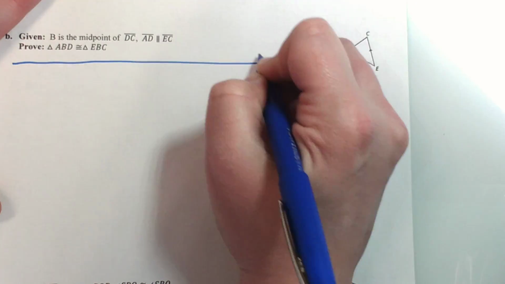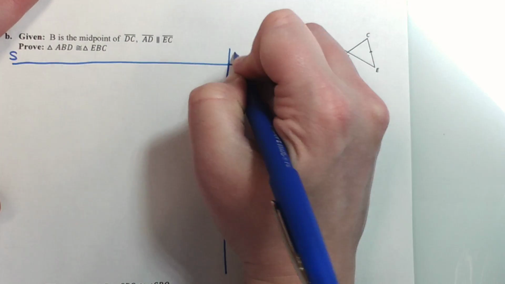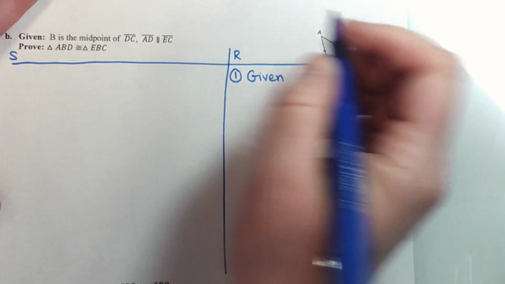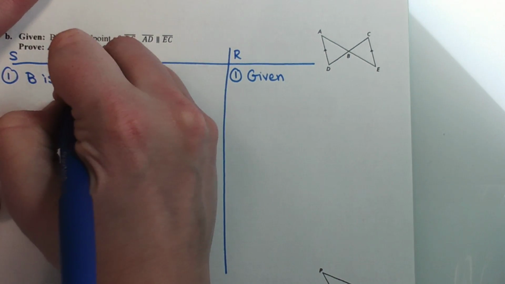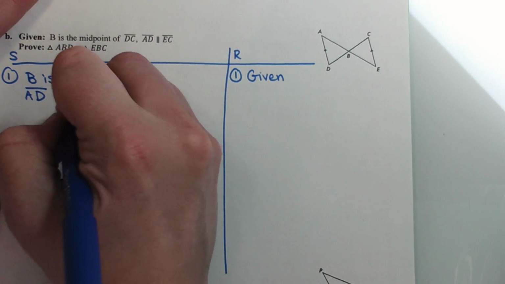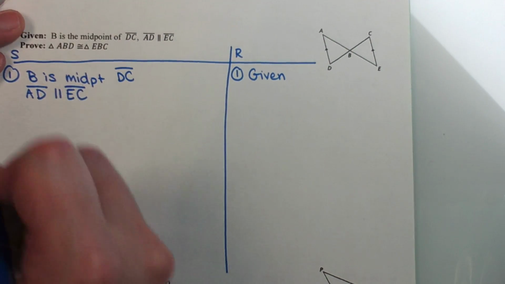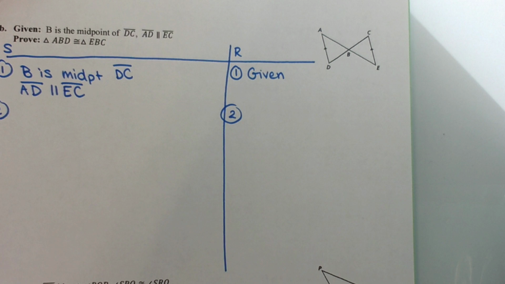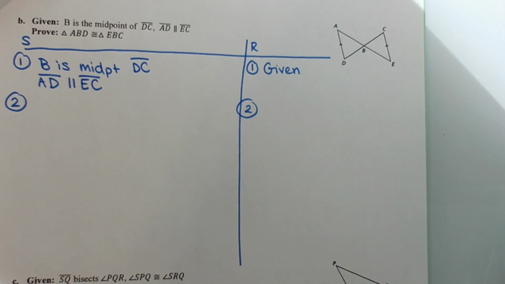Y'all know how to start it. 2 columns, labeled S and R, and you're given. What do you see? Words. See the word midpoint.